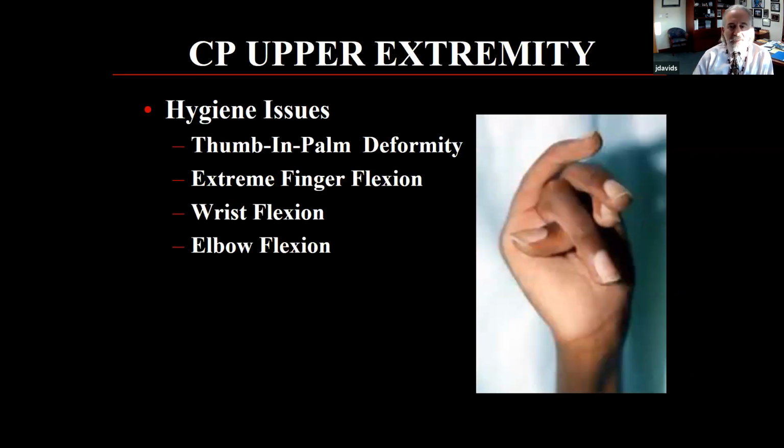There may be significant hygiene issues in the upper extremities associated with the more severe deformities, such as the thumb and palm deformity, extreme finger flexion deformity, extreme wrist flexion, and extreme elbow flexion.